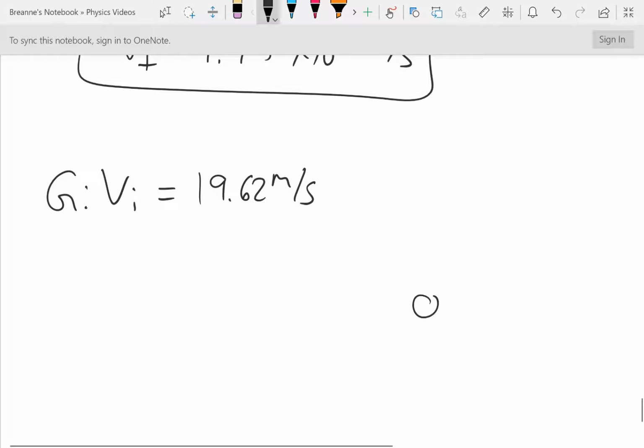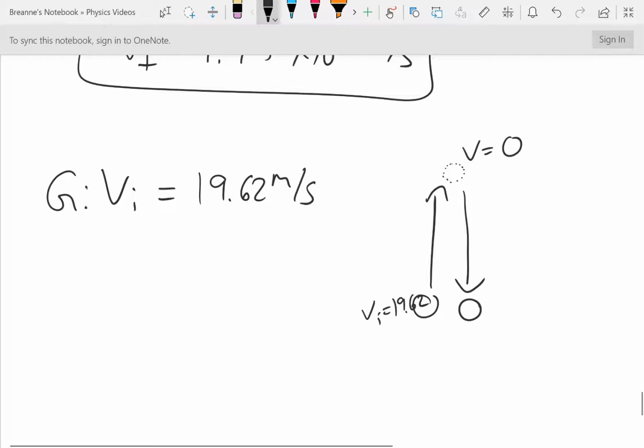So she throws the ball straight up, and then it comes straight back down, and she catches it at the exact same spot. So when it's at the very tippy top, its velocity is going to be 0.